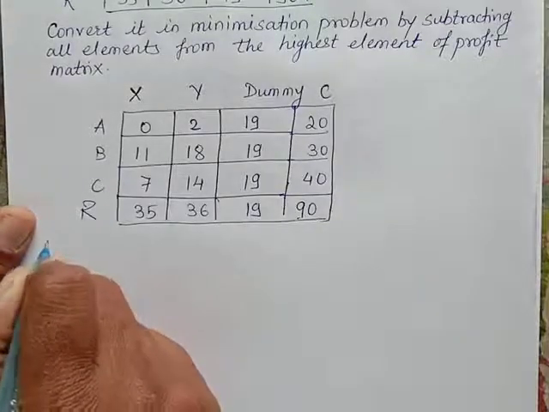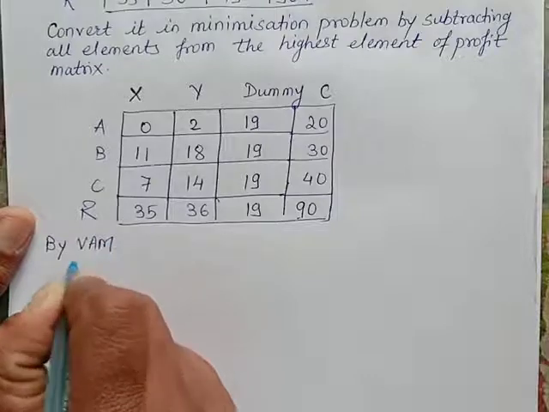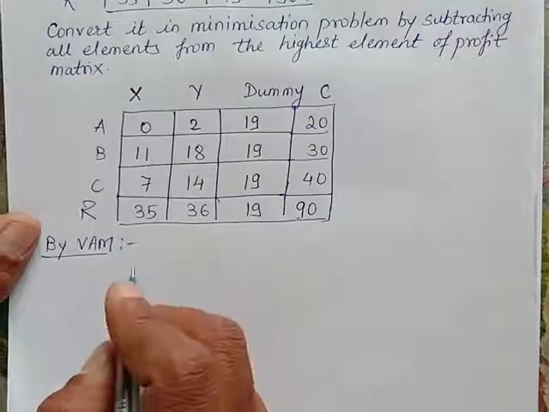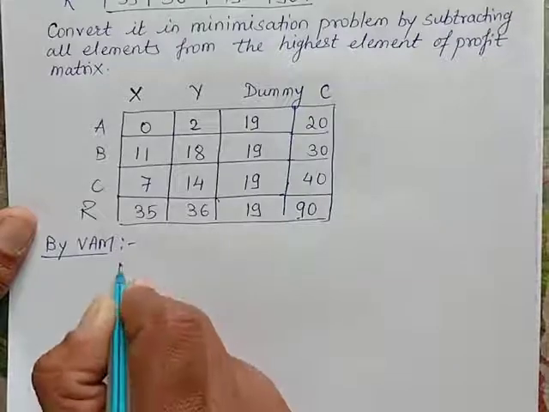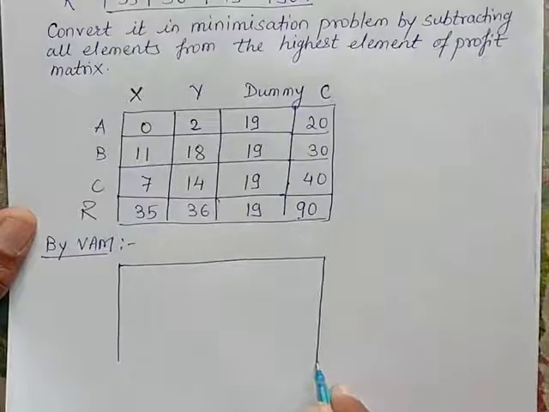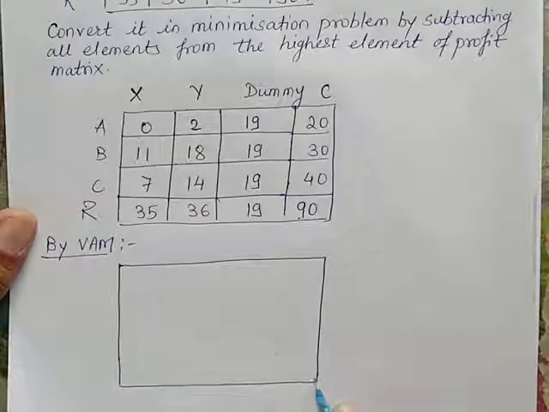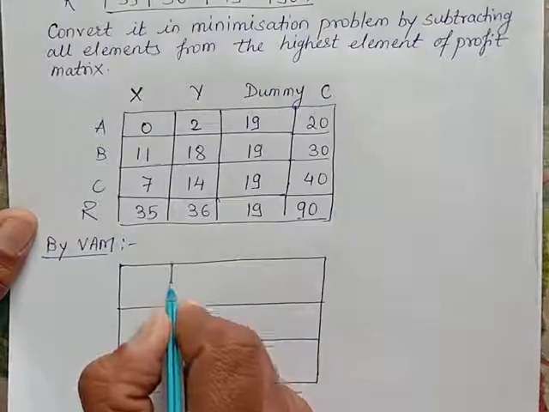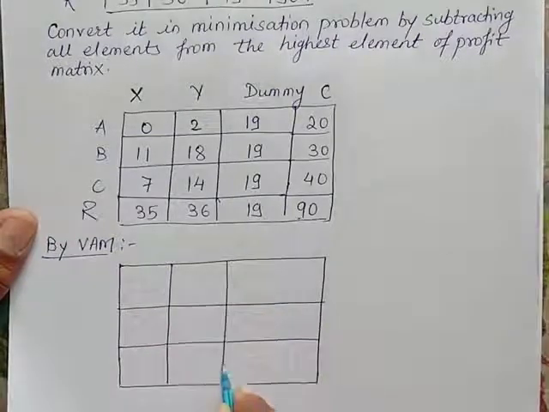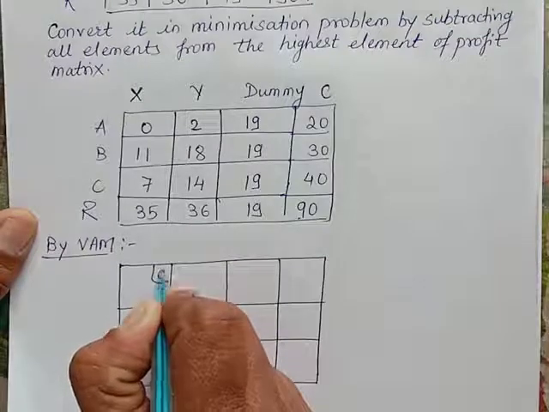Now by VAM, what is the initial basic feasible solution? So let me prepare cells for that. Here these are costs.